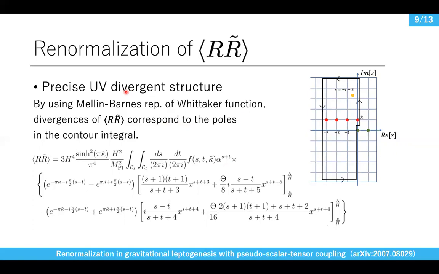So in order to renormalize, we need to identify the precise UV divergence structure of our integral. And by using the Mellin-Barnes representation, we can rewrite this integral in terms of a contour integral like this. And here, the divergences of the integral can be regarded as the poles of this integral.